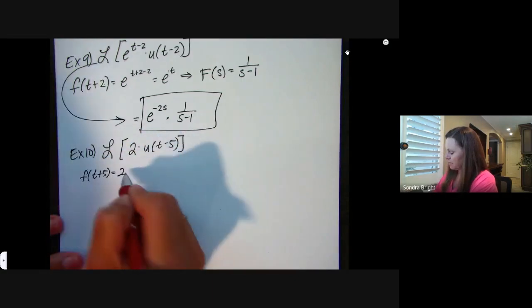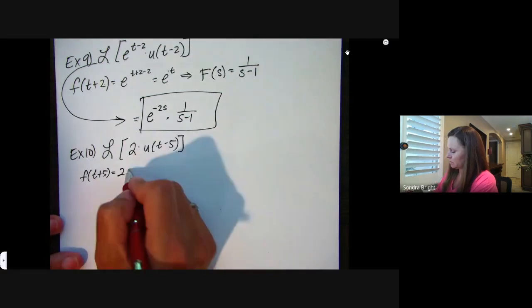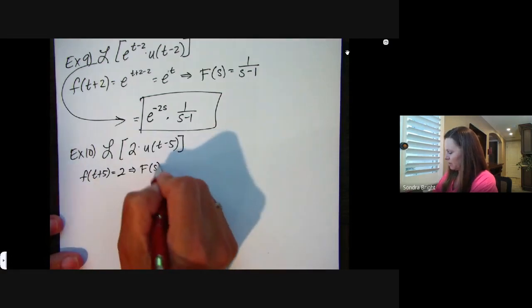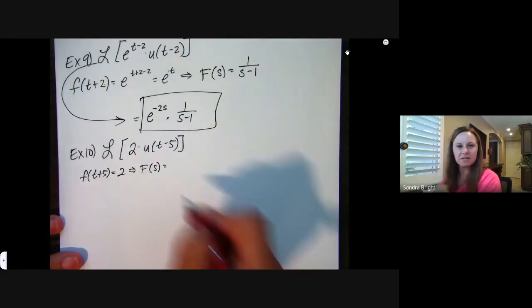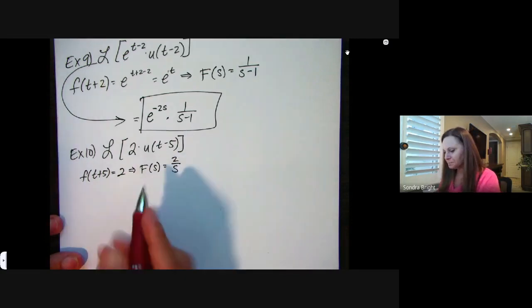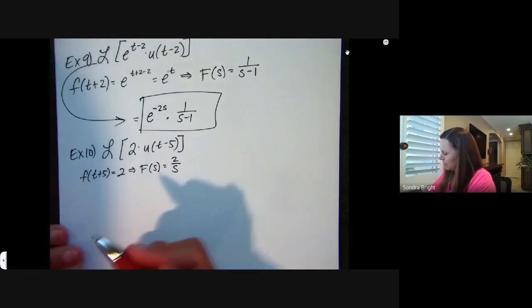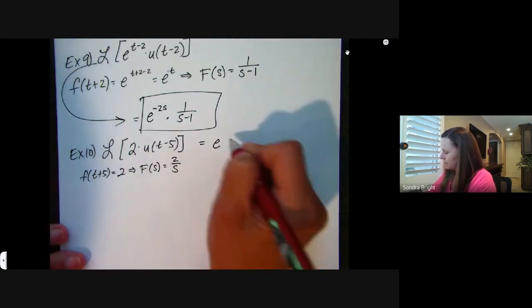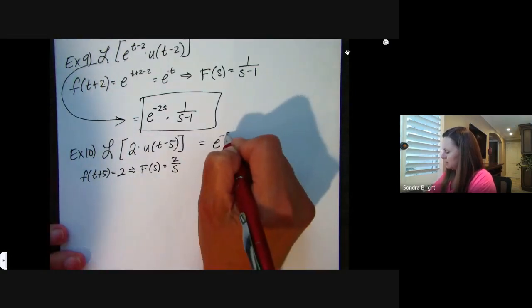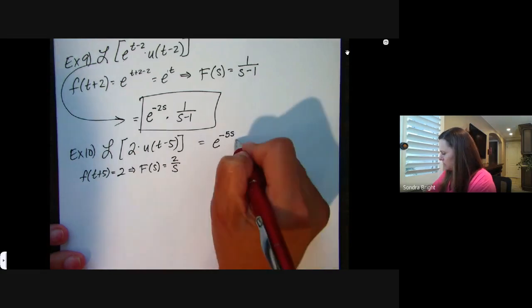That means your big F of s will be 2 over s. Do you remember when it was just a constant? It was the constant over s. So then this will equal e to the negative 5s times 2 over s.